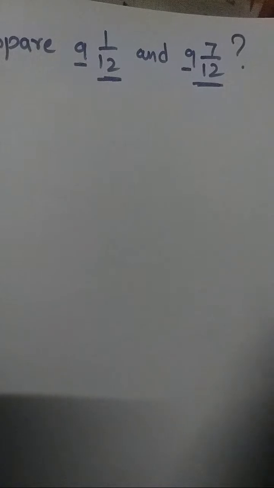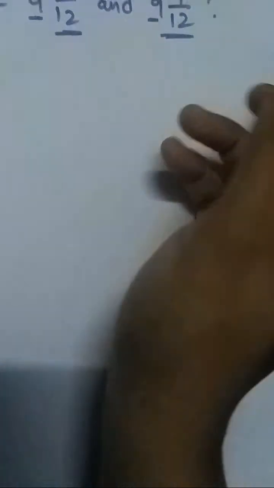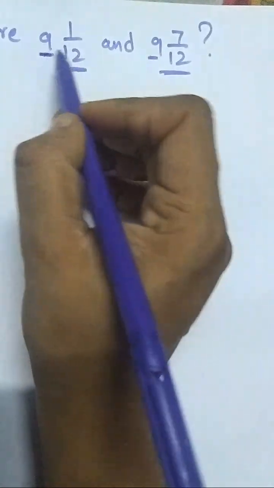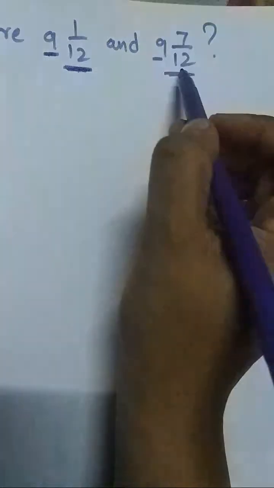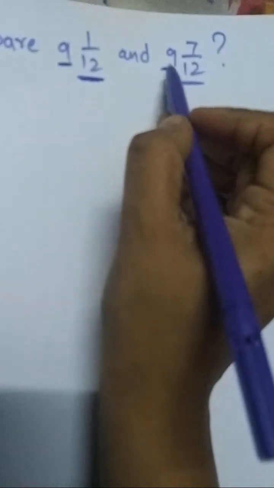What will you do? In the method for like fractions we compare the whole numbers, but here 9 and 9 are the same, so we can't compare the whole numbers either.